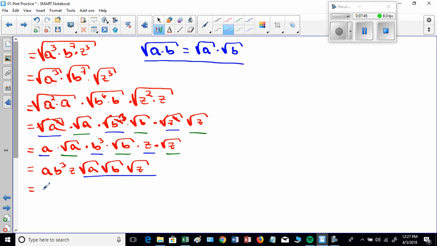So this is a times b to the third times z to the first times the square root of a times b times z, and this is basically your result after you simplify the expression that was given to you at the beginning, the square root of a to the third times b to the 7 times z to the third power.